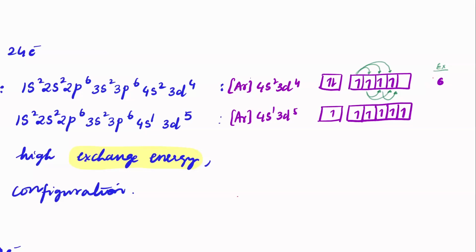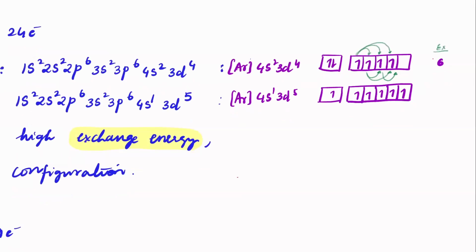Then how many different exchanges can we make? 4C2. Likewise, here, if you notice, in this case, we can have one exchange between these two, one between these two, one between these two, one between these two.